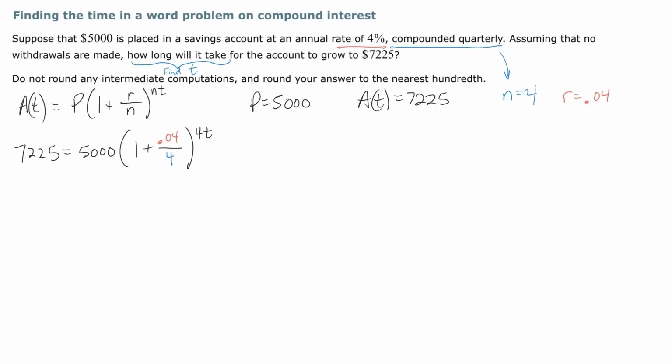Next thing you want to do is divide both sides by 5,000. Using the fraction button on your calculator, you get 289 over 200 is now equal to 1.01 raised to the 4 times t. I'm going to use the natural logarithm. I'm going to take the natural logarithm of both sides now.